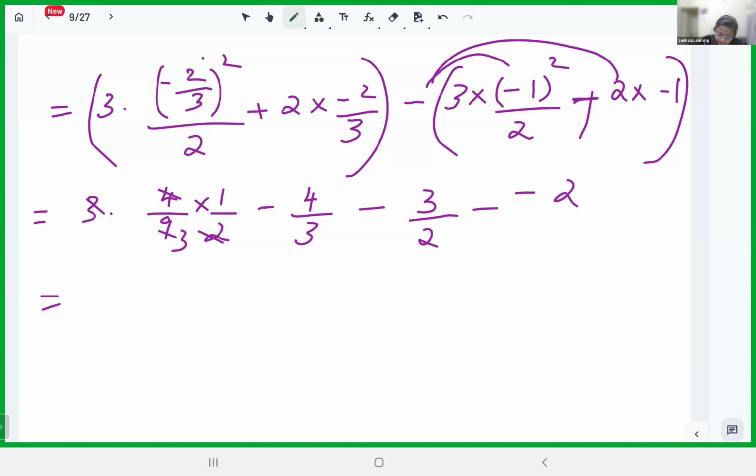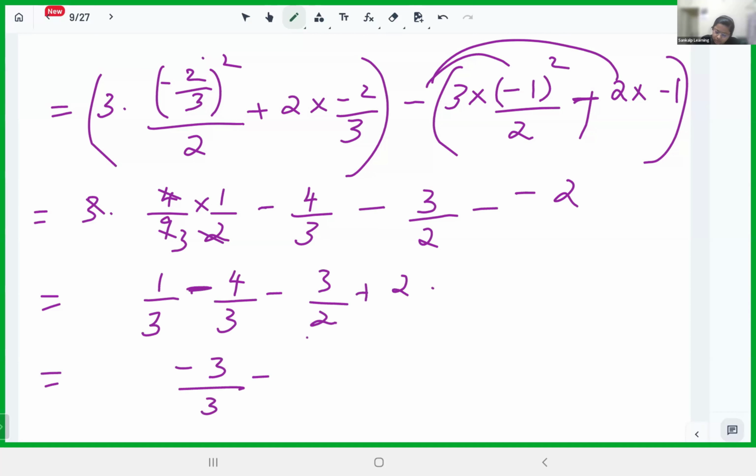All right. Now, if you cancel this, this is actually equal to 1 by 3 minus 4 by 3 minus 3 by 2 plus 2. So this is minus 3 by 3 minus, what is 3 by 2 plus 2? 3 by 2 plus 2 is 3 plus 4, this is 7 by 2.